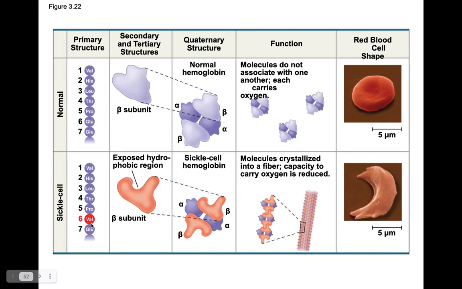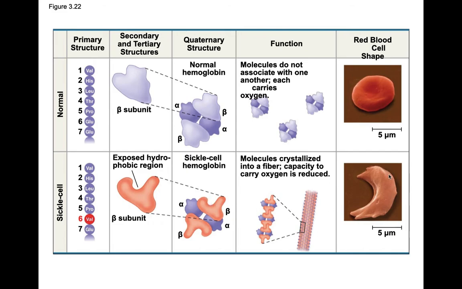It's not a random occurrence, but that one amino acid being switched out causes a new hydrophobic region to occur in that beta subunit. And because that normalized hemoglobin that usually interacts with blood and water easily is now hydrophobic, they all start to clump.